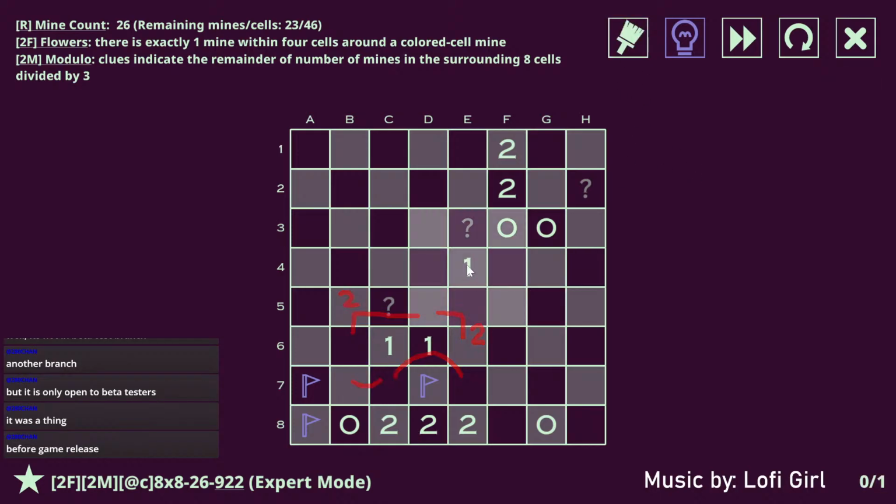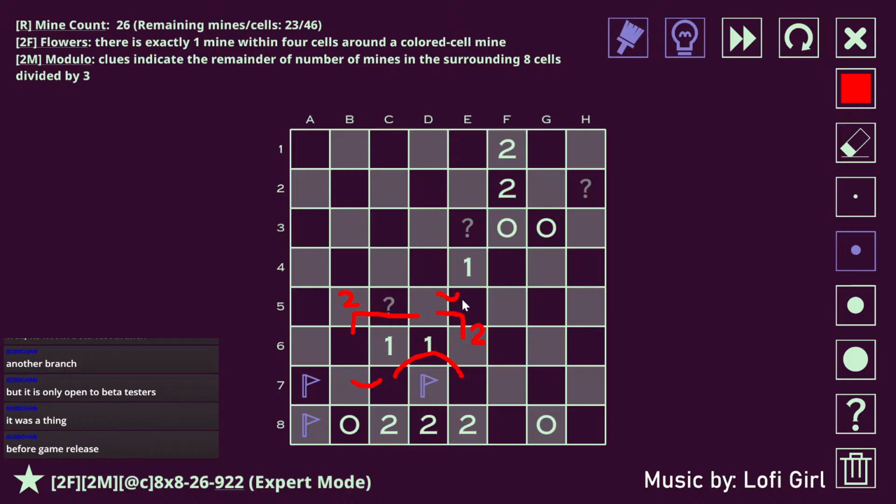Let's maybe break the 1. Not really, it doesn't really break the 1. You know there's at least 1 mine in here, but that's fine. It could also be 2 mines here and this one could be a 4. Yeah, I don't know. These can both be mines.